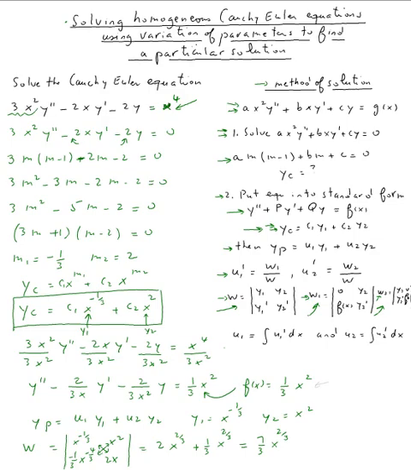For the W1, we need to start with 0 and f of x. My f of x happens to be, here's my f of x, 1 over 3x squared.